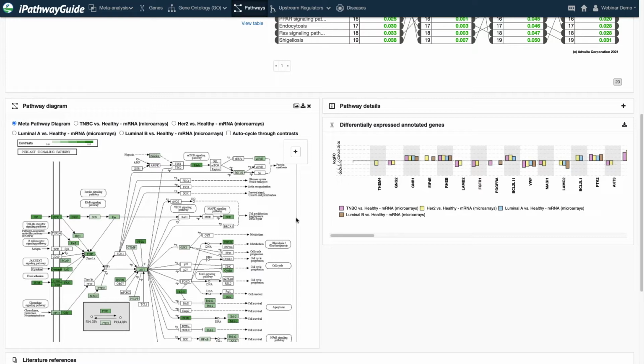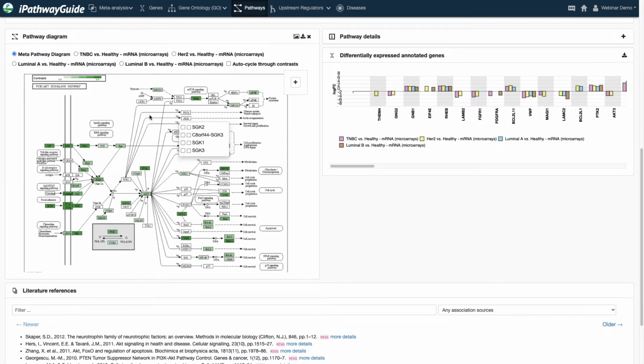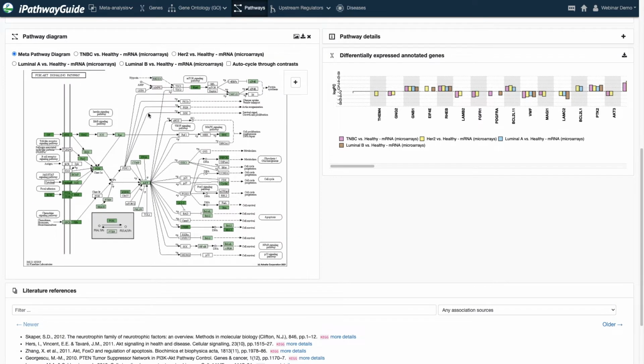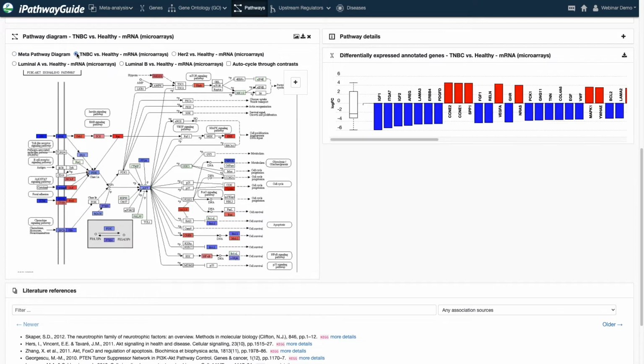The other thing we can do is look at the pathway diagrams themselves and see how the pathway dynamics shift across the different subtypes. So we can look at this PI3K signaling from the perspective of triple negative versus healthy.